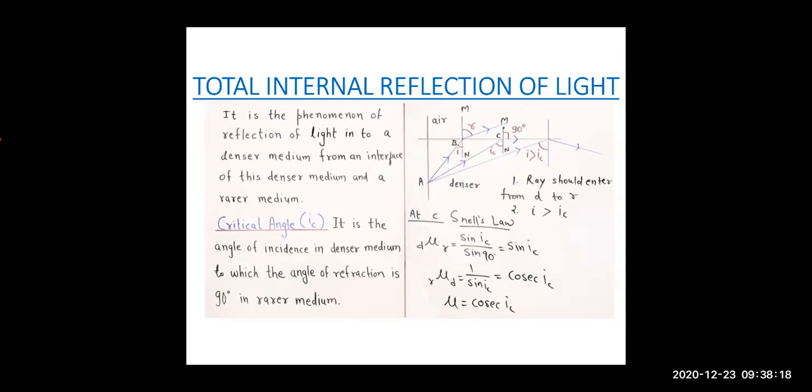Children, here you can see that this is the incident ray. This gets refracted like this. So the angle between the normal and the refracted ray is 90 degrees, right?